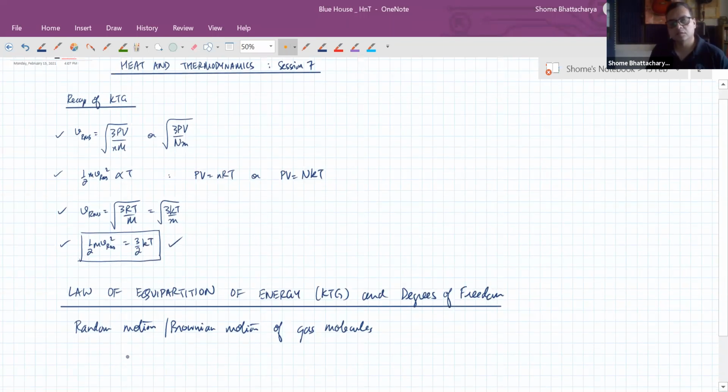So we had Vx squares average is equal to Vy squares average is equal to Vz squares average is equal to Vrms square by 3. Okay, this is the relation that we got earlier.